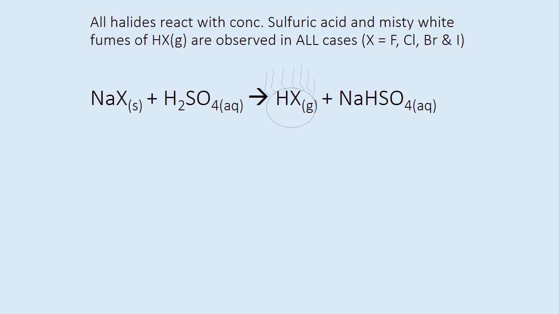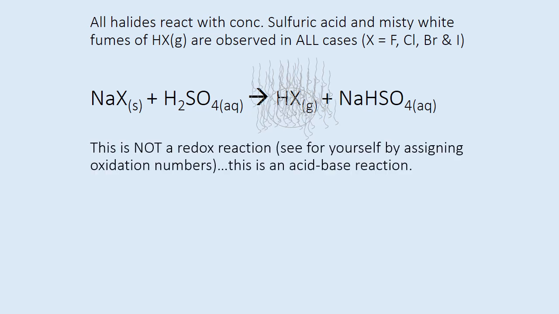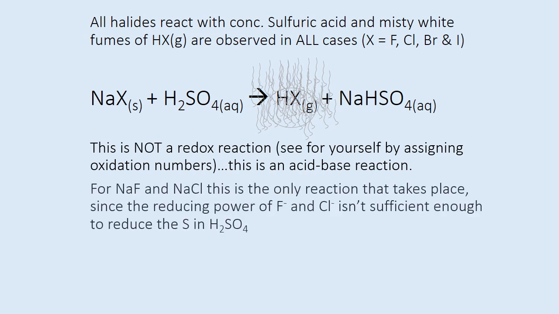We'll see misty white fumes because of the HX, whether it's HF, HCl, HBr, HI, we're going to get some misty white fumes, and that's in all cases. Not a redox reaction though, okay, we've seen that. It's not a redox, it's just an acid base. And that's the only reaction that takes place for sodium fluoride and sodium chloride, so we don't get any redox because their reducing power is insufficient to do any reducing.